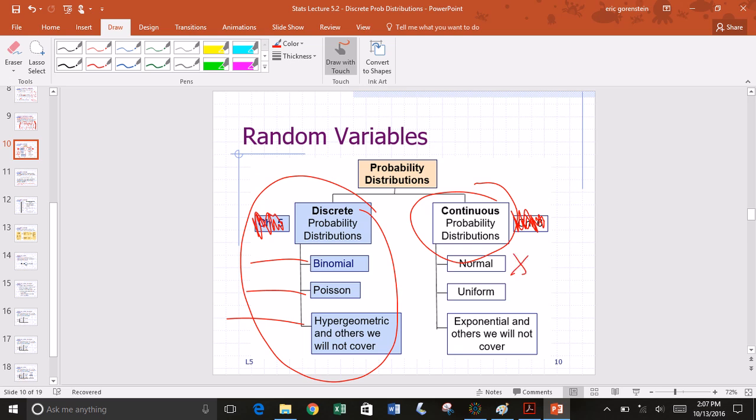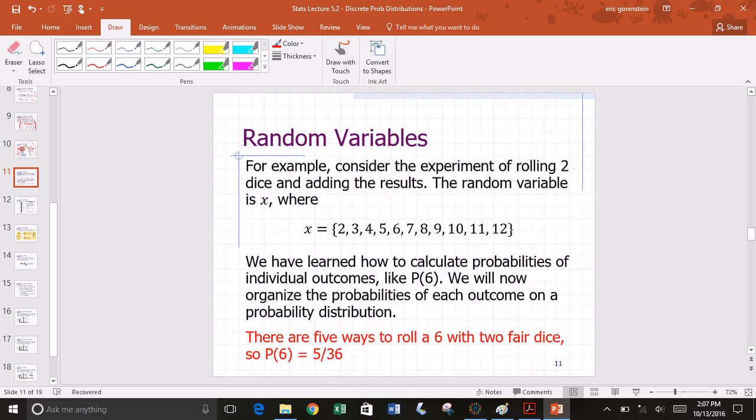Here, the normal distribution will be the most important, but again, our focus here is on discrete. But the emphasis here is that there's the label discrete and continuous. These are general labels, and under each label, there are many specific types of each distribution.